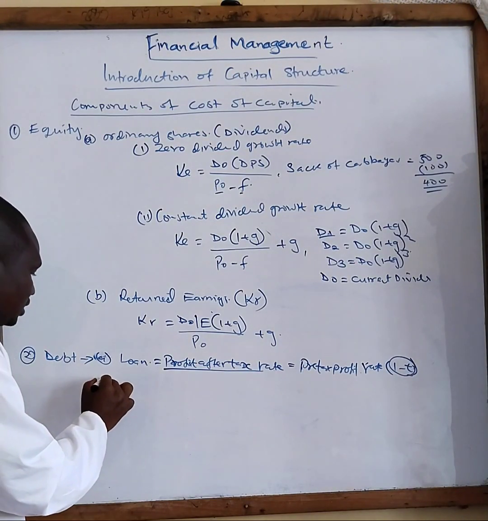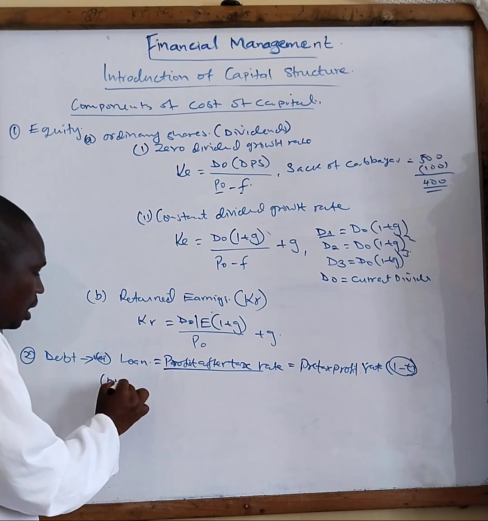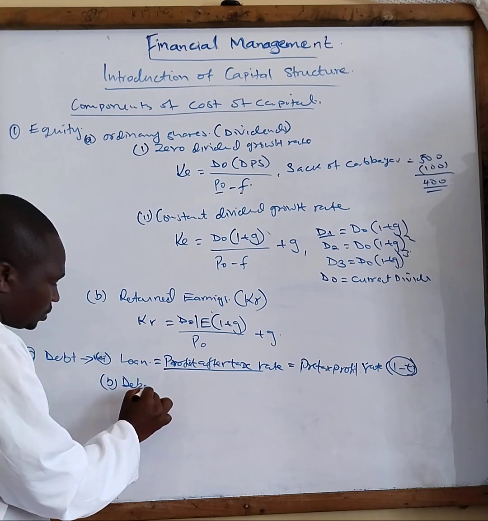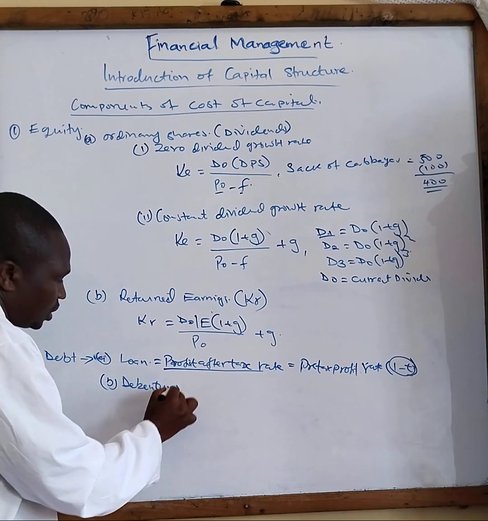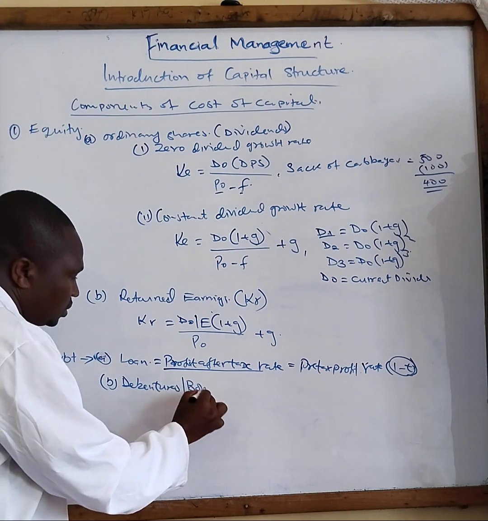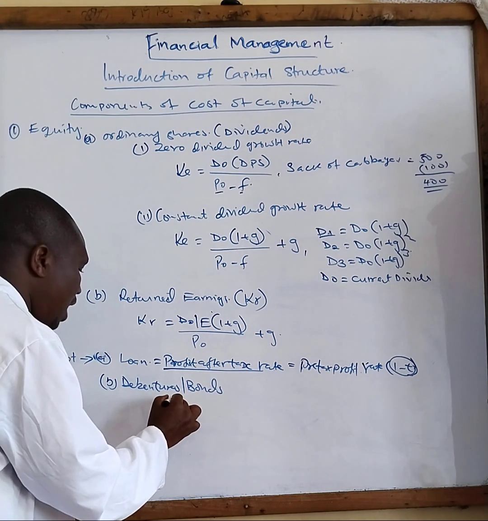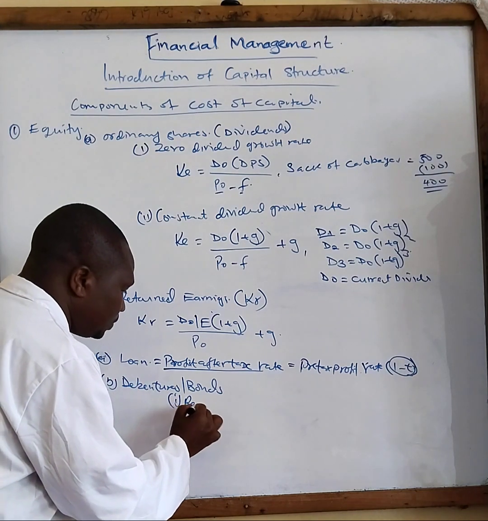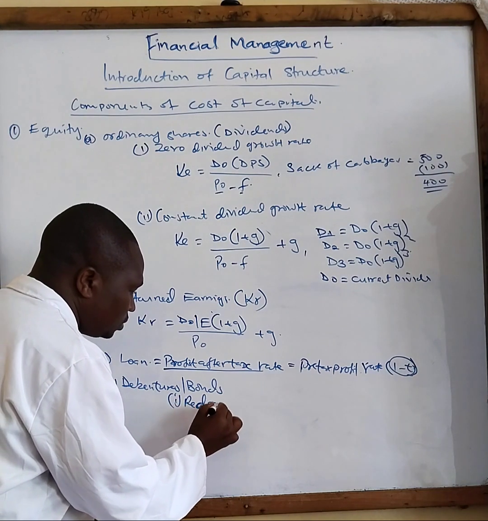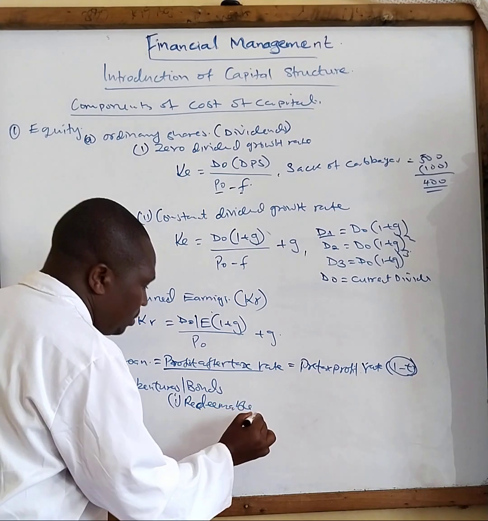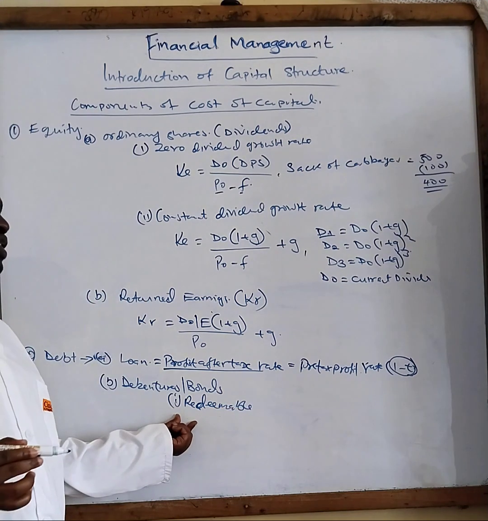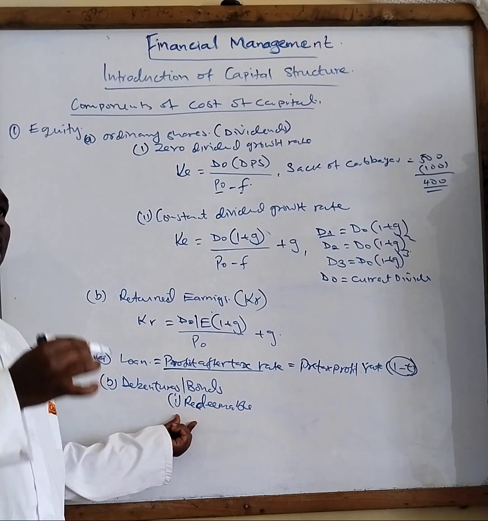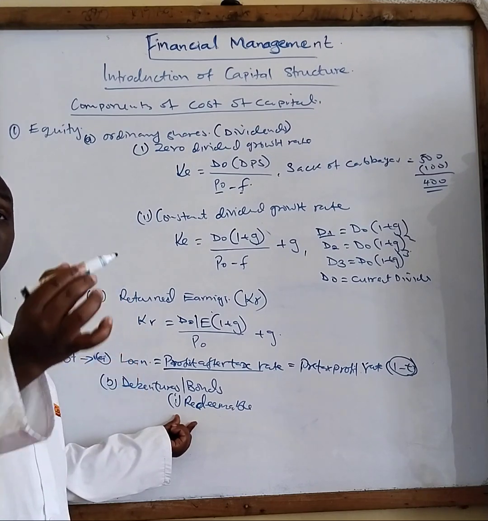Then another element is what you call debentures, or I can say bonds. Bonds now are in two categories. Category number 1 is redeemable. When you talk about redeemable, it means it can be purchased at the end of the expiry period.